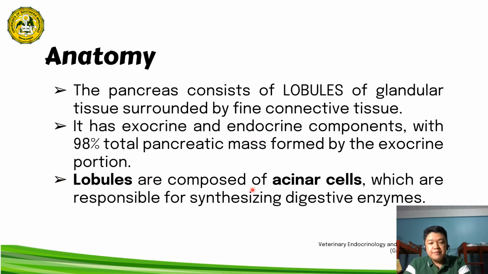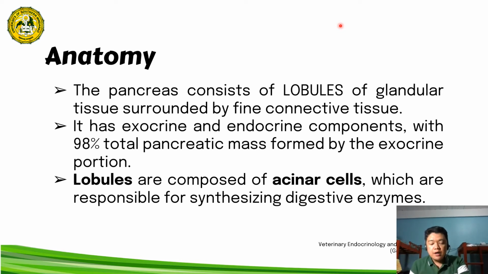The lobules are basically composed of the acinar cells, which are responsible for synthesizing important digestive enzymes. So the functional unit of the pancreas is composed of the acinar cells. This is also known as acinus, the singular term for acinar cells or acini, and its draining ductule.